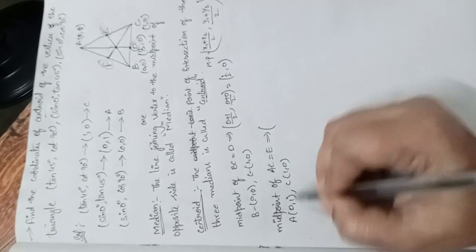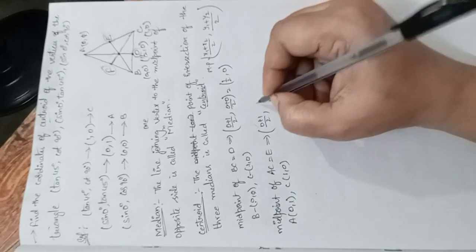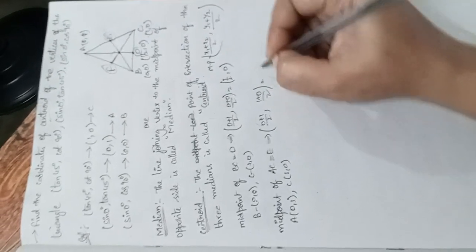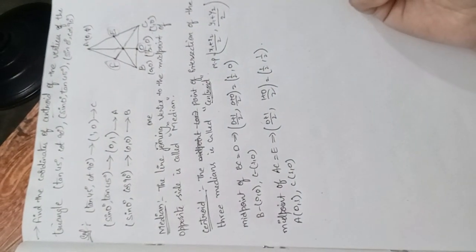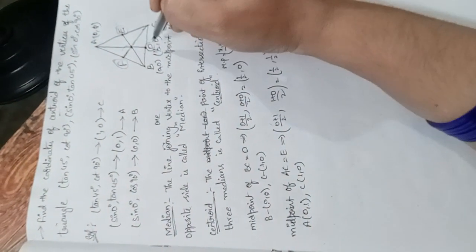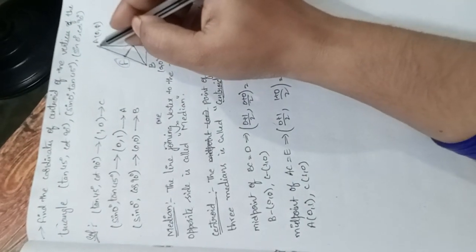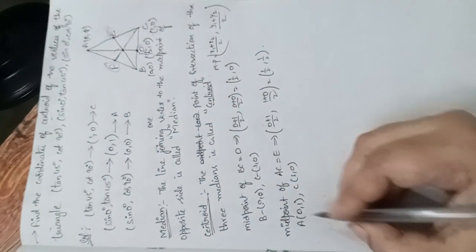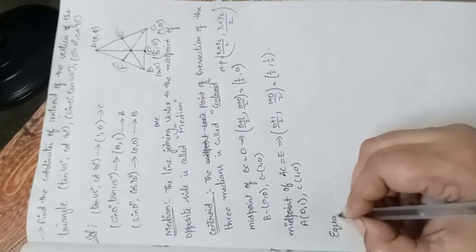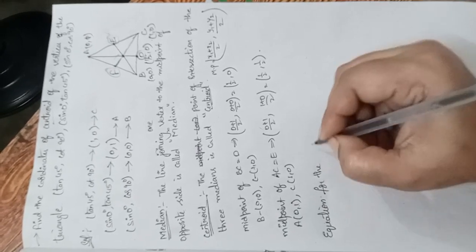Using x1 plus x2 by 2, y1 plus y2 by 2, we get half comma half. So we got the midpoints. Now we have to find the equation for the median AD.